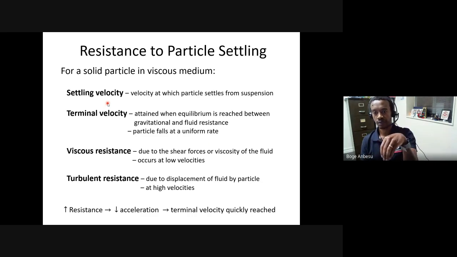Gravitational acceleration pulls the particles down, but you have buoyancy pulling them up, and fluid resistance pulling them up. So the upward and the downward forces at some stage will come to an equilibrium. When that equilibrium is attained, that particle starts to fall at a uniform rate. And that's what we say terminal velocity is now attained.